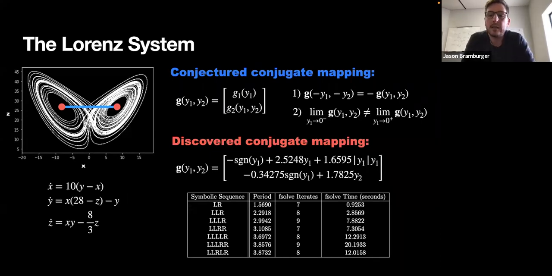So I don't want to get too bogged down in the details there. What I do want you to look at is the last two columns of that table. In particular, it only takes me 7, 8, or potentially 9 Newton iterates in order to converge to a solution. So it's very, very accurate. And the longest you're waiting for this to happen is about 20 seconds. Now, I pulled out much more than the periodic orbits that are listed there.